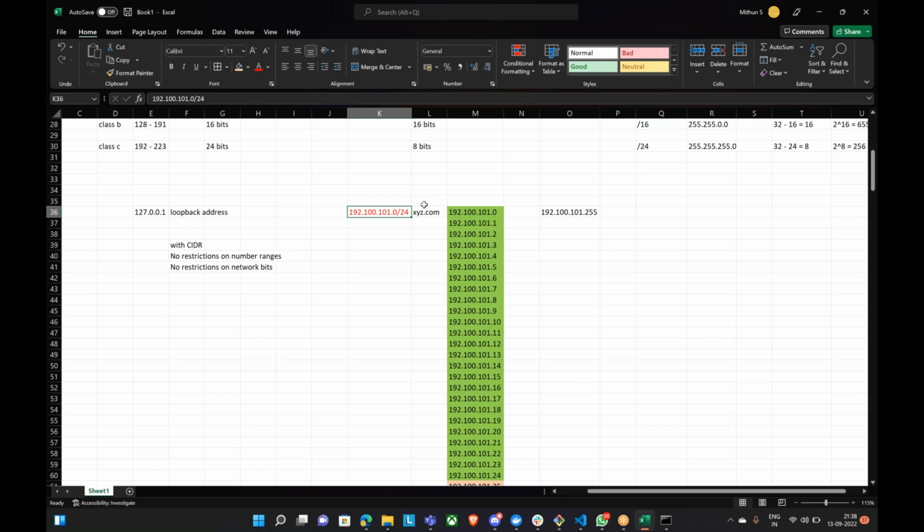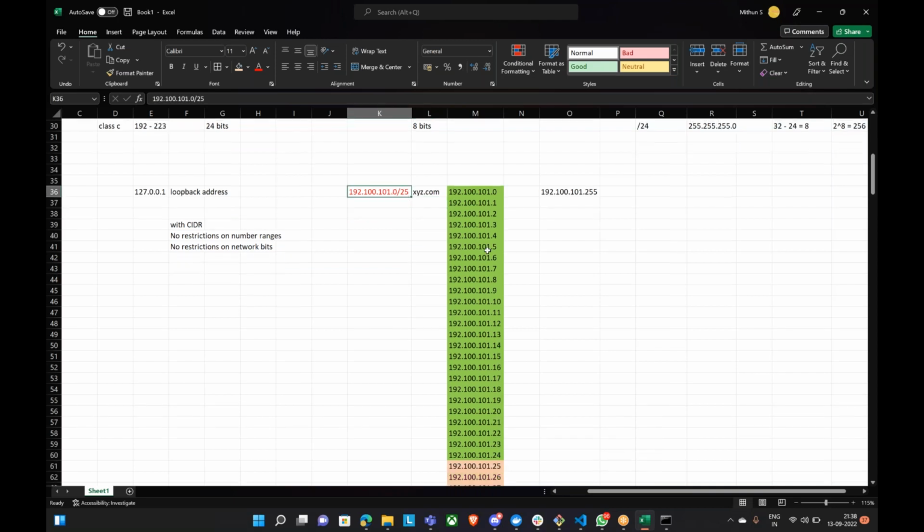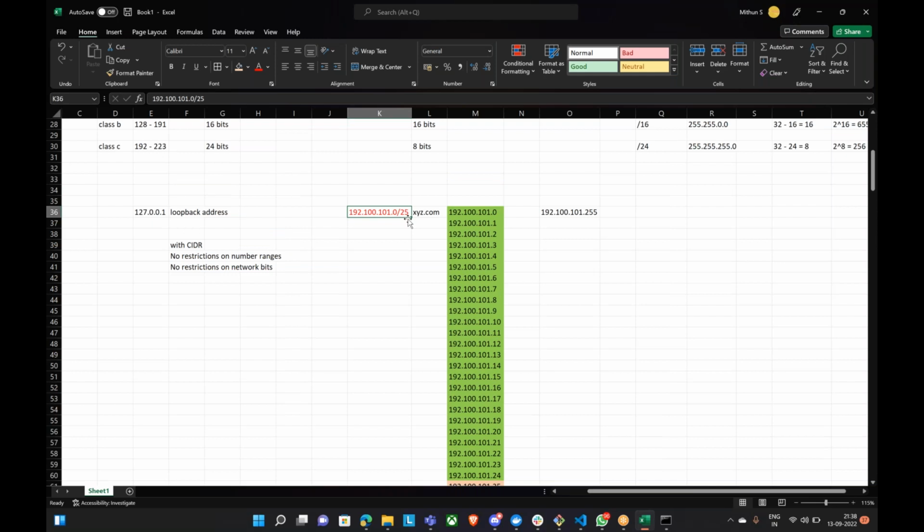So how can we divide that? Take this example itself. If you have to divide it into 2 parts, what do we have to do? The shortest trick is just change this /24 to /25. So let me show you.